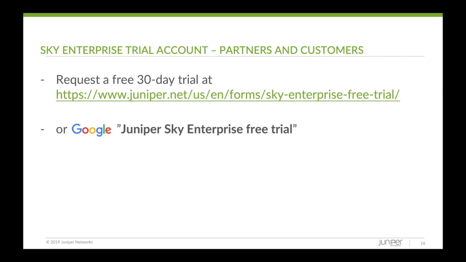The URL is there. If you can't remember the URL, just do a Sky Enterprise free trial Google search and that'll come up. So fill out the trial, and within normally 24 to 48 hours you will receive an activation email.